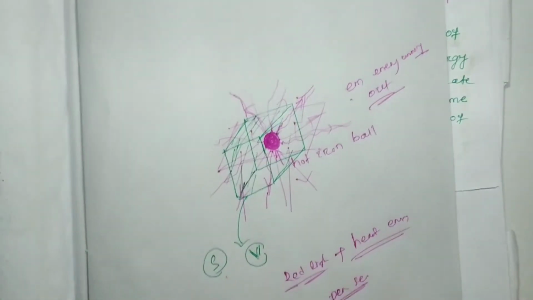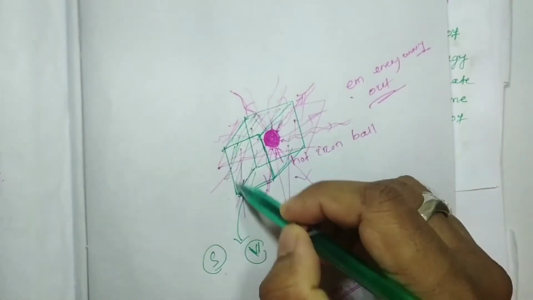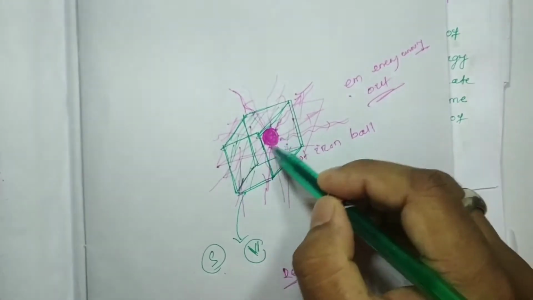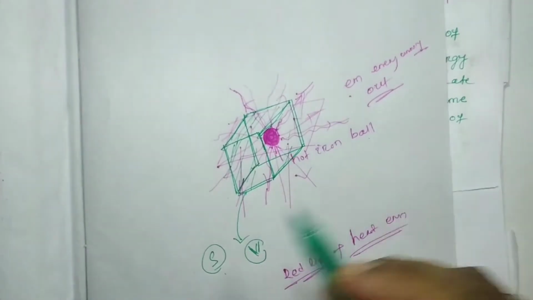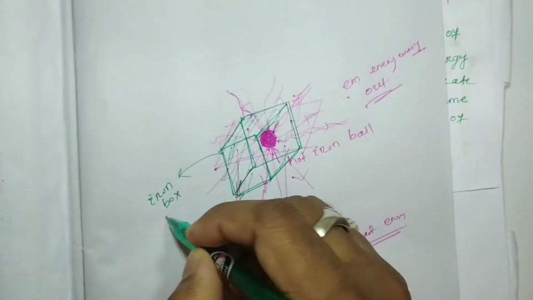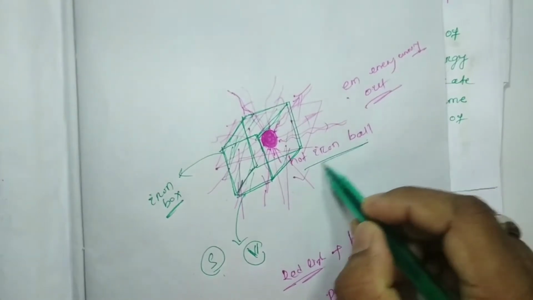Or you just imagine an iron box. This is an iron box enclosing this hot iron ball. Carefully you have to listen. The iron box encloses this hot iron ball.